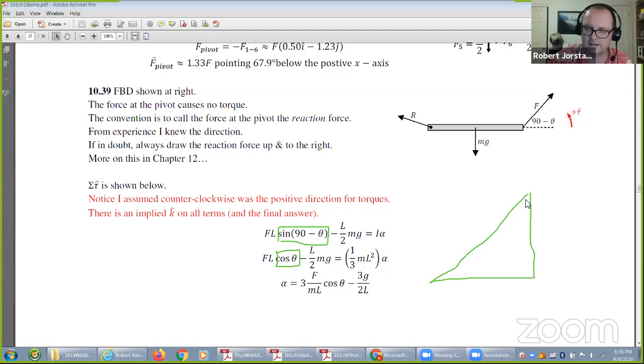If you want to see that trig identity, if this is theta and this is 90 minus theta, hopefully you agree that this side over here would be sine of 90 minus theta. Well, isn't that also cosine of theta? So just draw a right triangle if you forget that. Oh, crap. And we see that sine of 90 minus theta is equal to cosine of theta. So that's what I did right there.